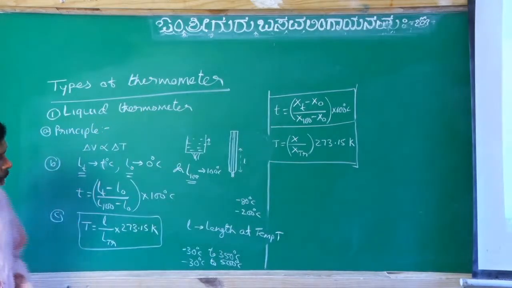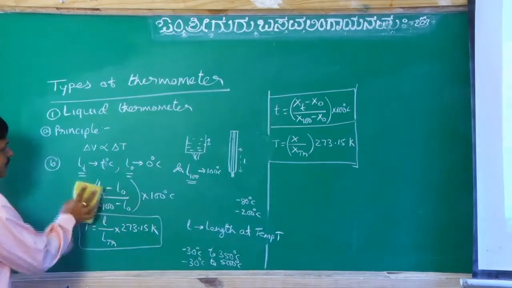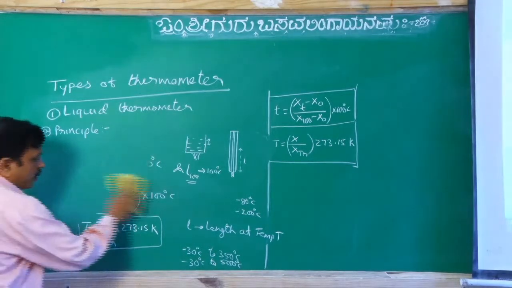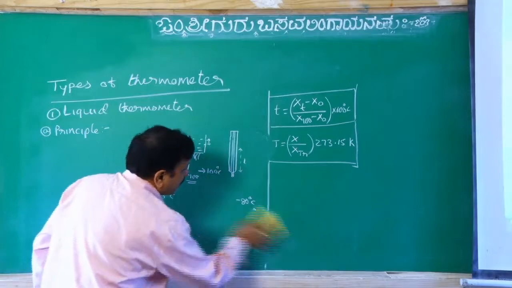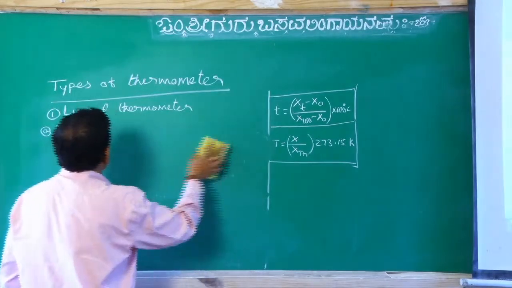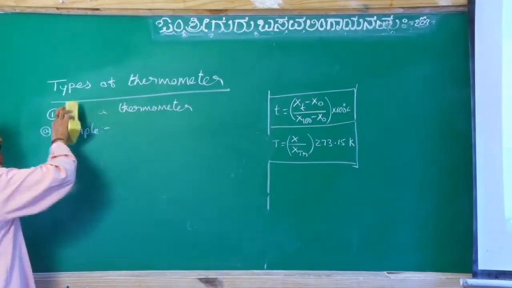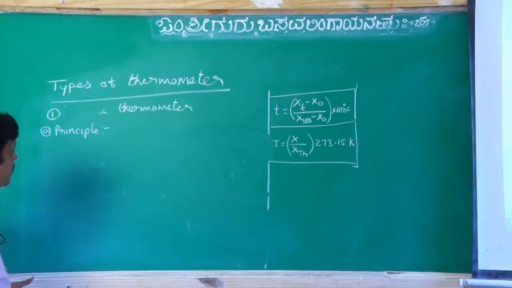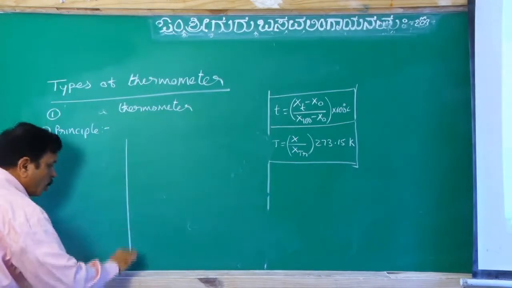Well, now the second type of thermometer is the gas thermometer. In the gas thermometer we have got two types.